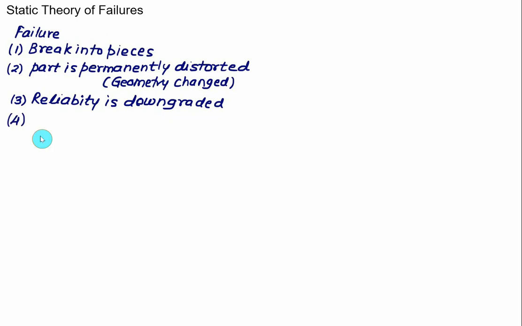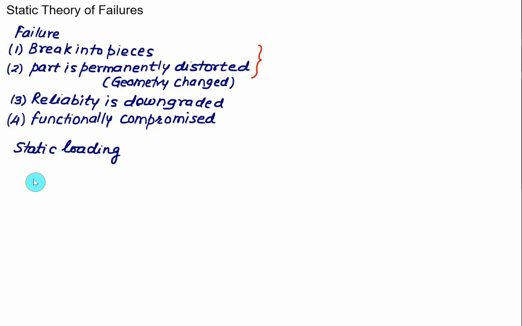And if you design a part for certain functionality, and that functionality is compromised, then it is also called failure. So the fourth failure is functionally compromised. These are the four ways we can say failure, but in the static theory of failure, we'll only consider the first two, that is, it will break into pieces and the geometry is permanently changed, that is, it is permanently distorted.